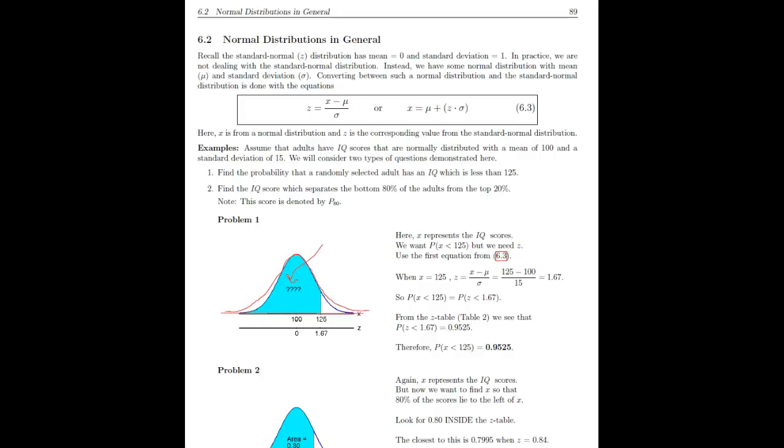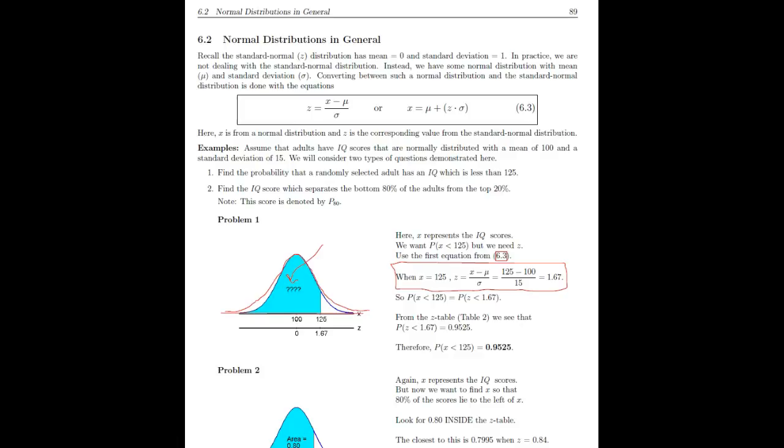Now, we learned last class how to find the area to the left, to the right, and between z-scores. So we can turn this IQ of 125 into its z-score using the z-score formula in the box. You do 125 minus 100 divided by 15, which rounds to 1.67. So we're trying to find the probability of getting a z-score less than 1.67.